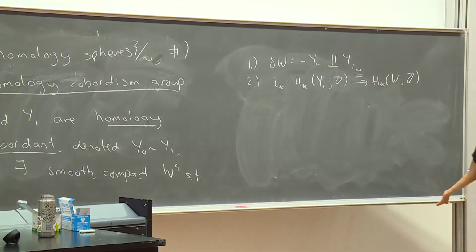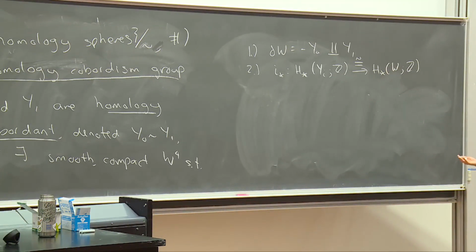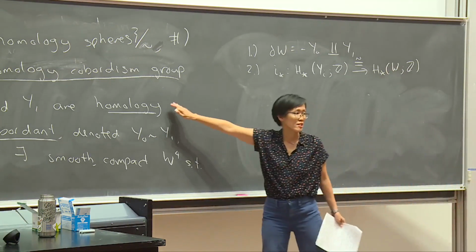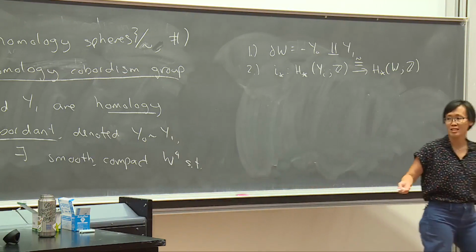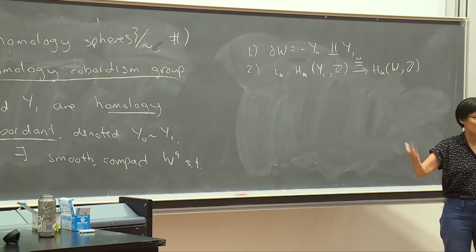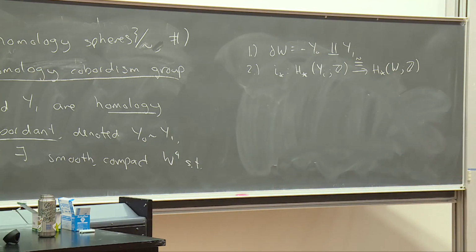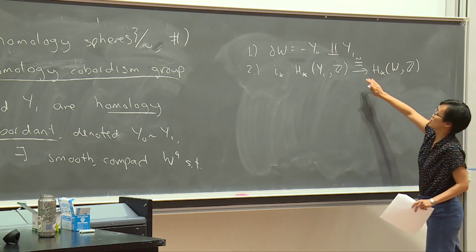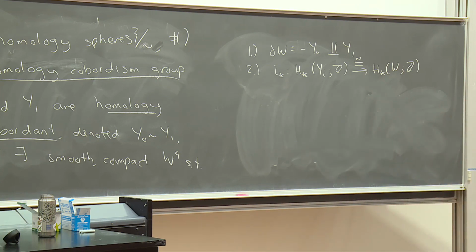Great. Okay. So maybe you're wondering, why do we need this homology condition? Well, if we didn't have this homology condition, then any two three-manifolds would be equivalent. So that's too boring. And somehow this is just right. So let me give you some examples of homology cobordisms.